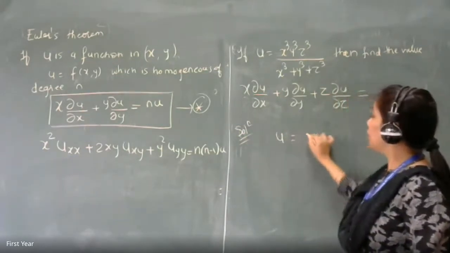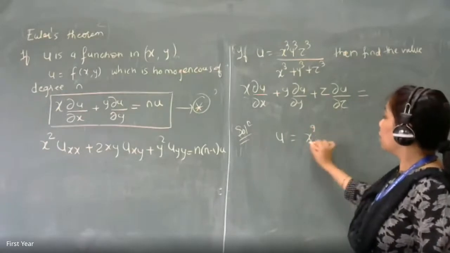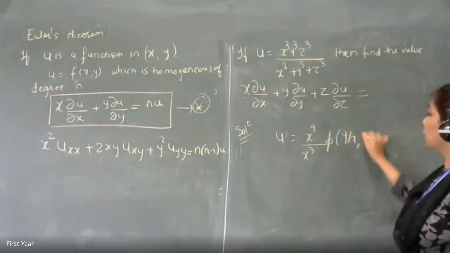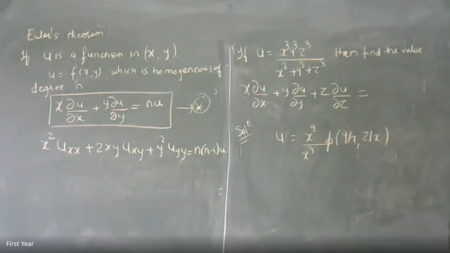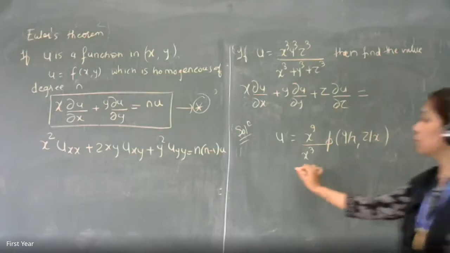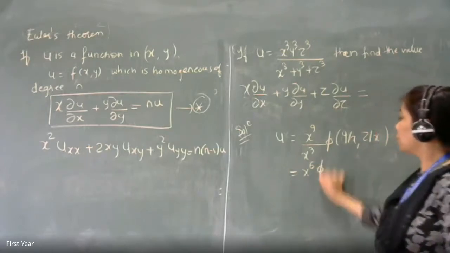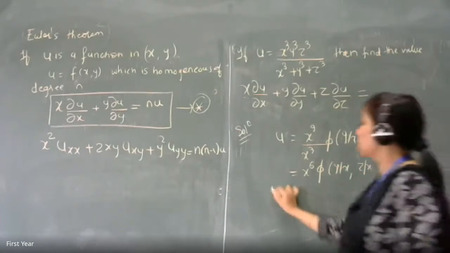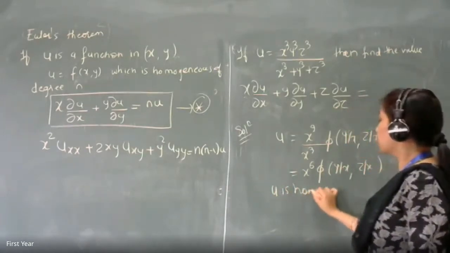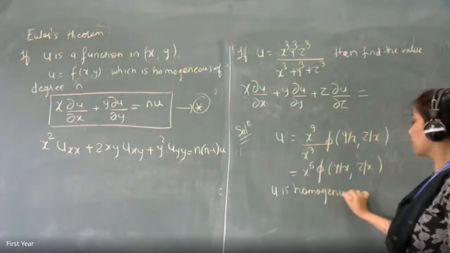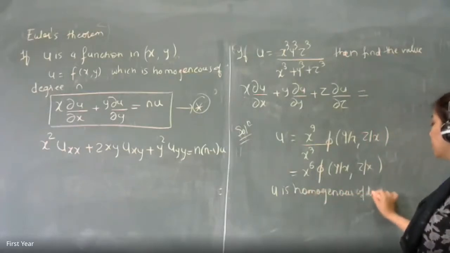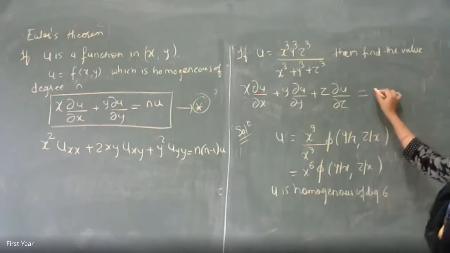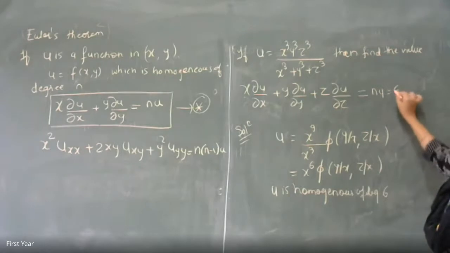u is equal to x raised to 9 upon x raised to 3 into some function of y by x comma z by x. Even if you don't show what the function is, it's okay. So that is equal to x raised to 6 into some function of y by x comma z by x, and hence u is homogeneous of degree 6, and therefore your answer is n into u, that is 6 into u.